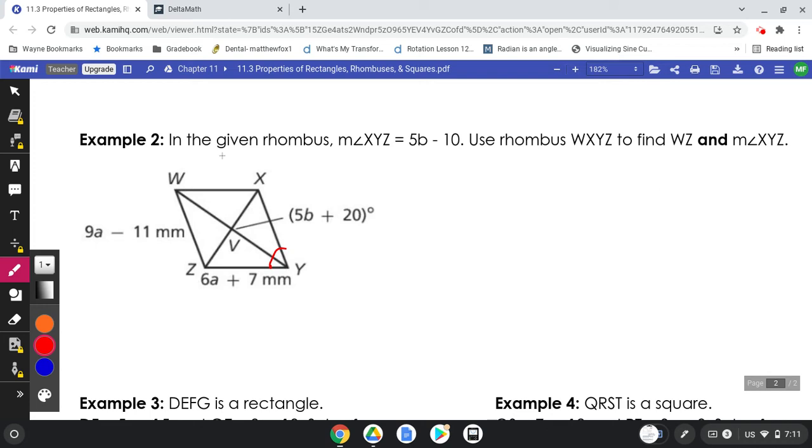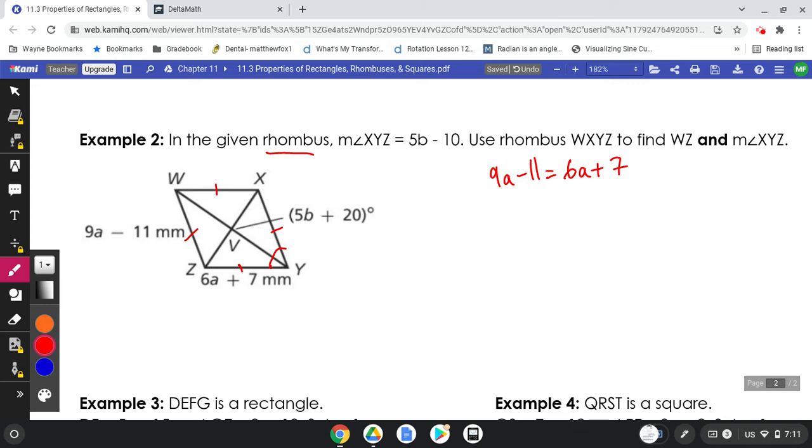So WZ. First thing we can know is because it tells us this is a rhombus, I know that each of these sides is the same. They are all congruent, which means I can go ahead and set up 9a minus 11 is equal to 6a plus 7. I know that is true because it's a rhombus. And on rhombuses, the opposite sides are always the same.